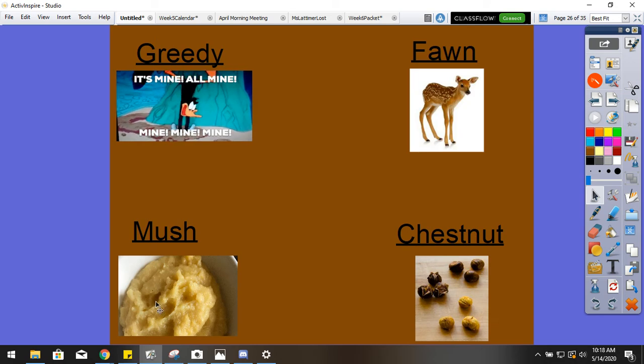This is cornmeal mush, and you can make mush out of lots of other things. In this story, they're going to make a mush out of chestnuts. A chestnut is a nut that comes from a tree. It's got a really nutty, sweet flavor. In the story, they're going to break down chestnuts into a mush and eat it. This kind of looks like mashed potatoes to me. Mashed potatoes could be a kind of mush, potato mush.